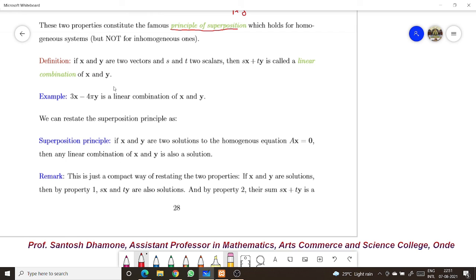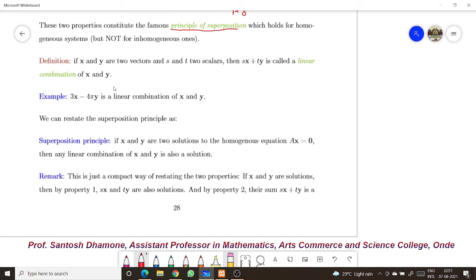Example: 3x minus 4 pi y is a linear combination of x and y. Here 3 and minus 4 pi are scalars and x and y are vectors.